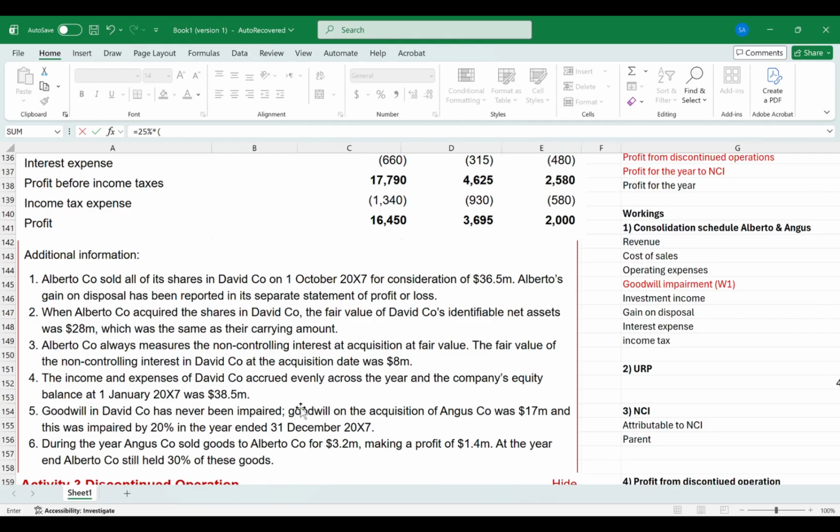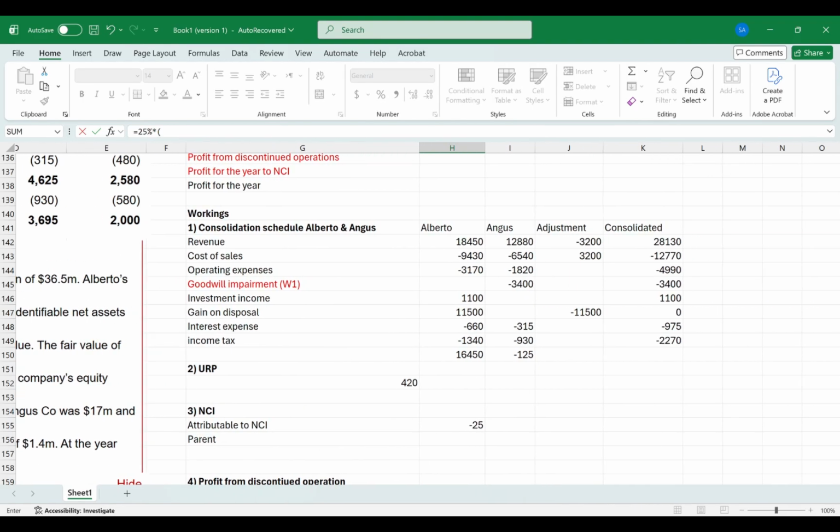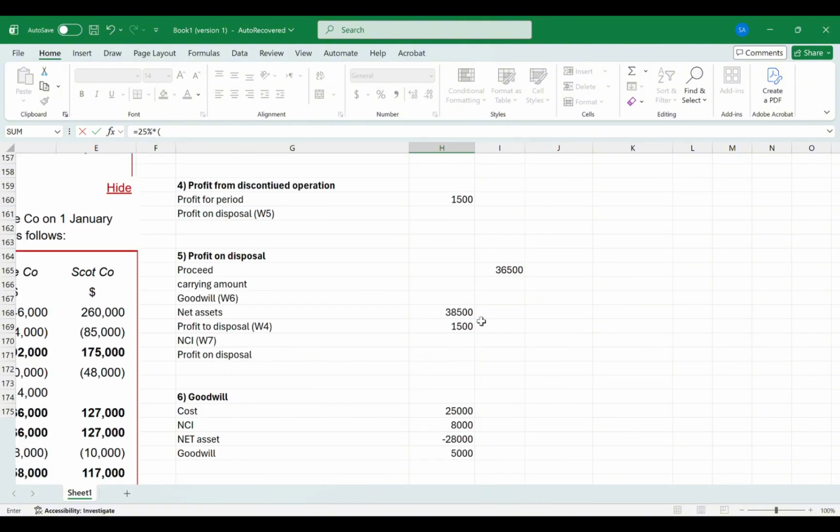Because they told income and expenses are quite evenly and the company's equity balance is 38.5. That means the net asset on this date. With this 38.5, you'll be adding the profit for the year that we have got here in working number 4, 1,500.